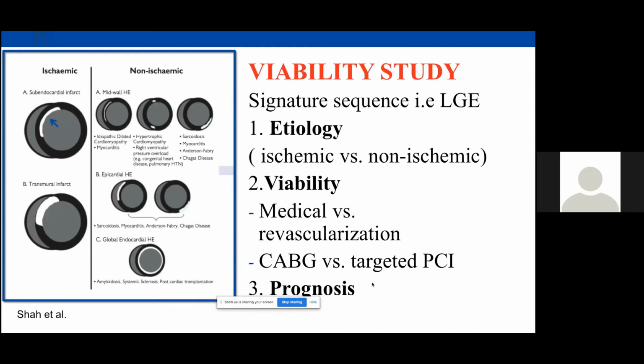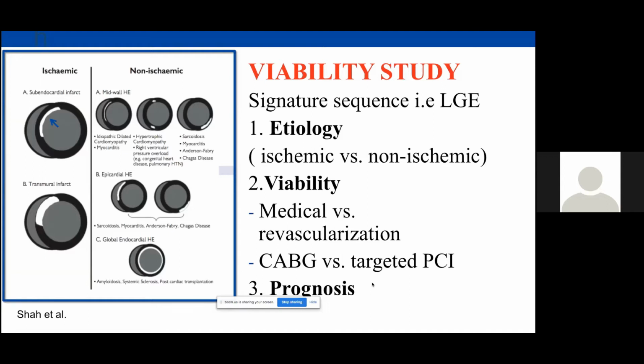So this late gadolinium enhancement gives us a lot of clinical input. Firstly, its pattern of distribution will tell us the underlying etiology. For example, like shown on the image there, if the enhancement is subendocardial in nature, it means the underlying cause is a myocardial infarct.